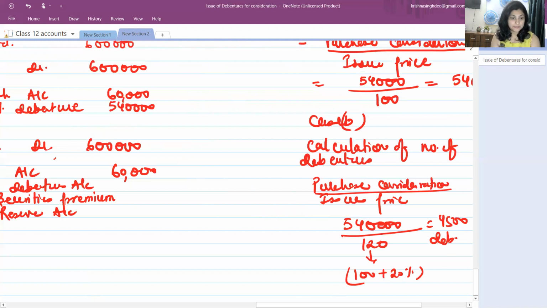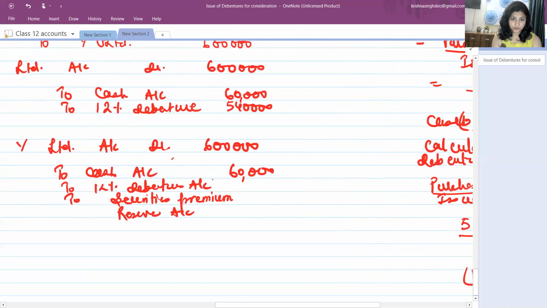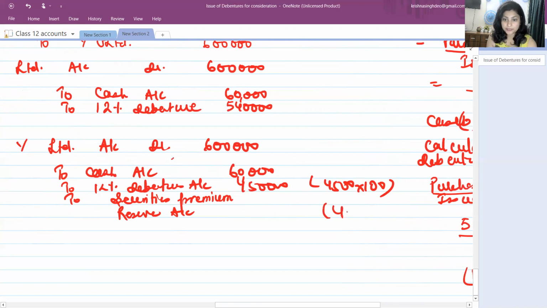Okay, let's pass the entry for this now. So the entry is going to be cash 60,000. The number of debentures was 4,500, so 4,500 multiplied by 100 is 4,50,000. Then 4,500 multiplied by 20 is 90,000 over here. 90,000 plus 4,50,000 plus 60,000 is equal to 6 lakhs.